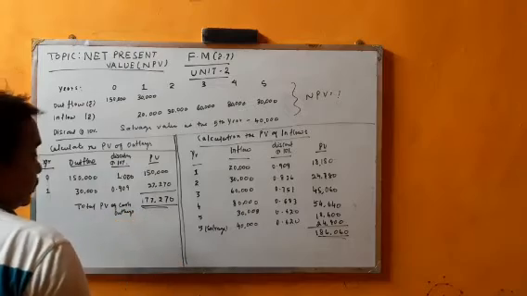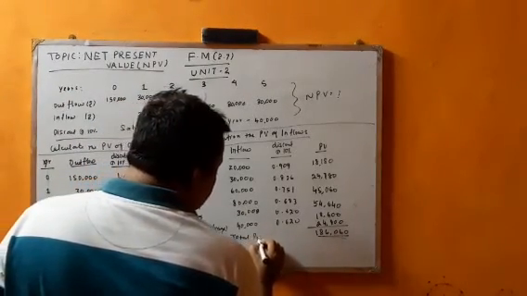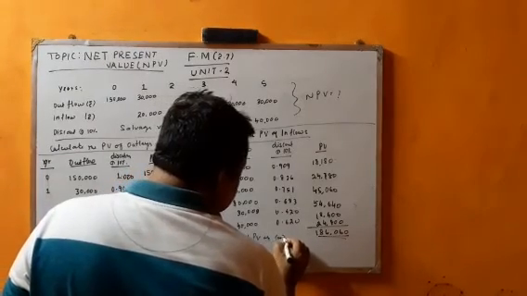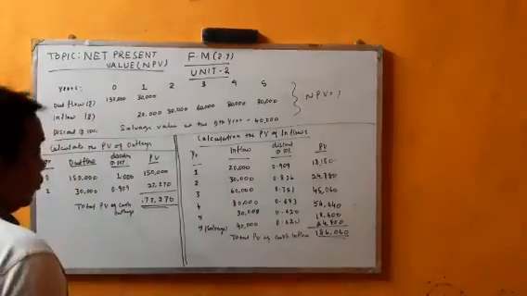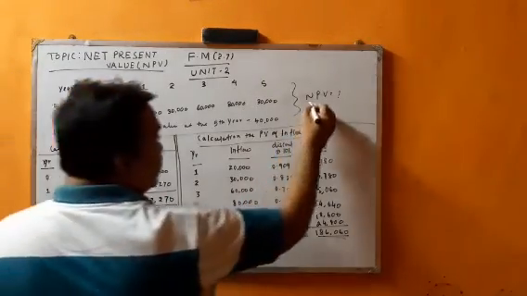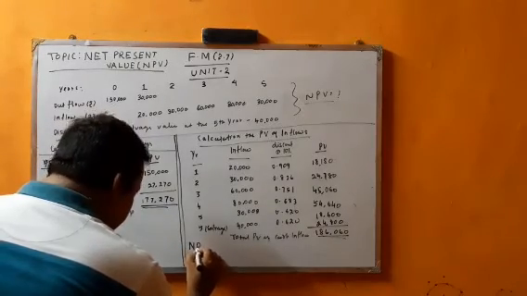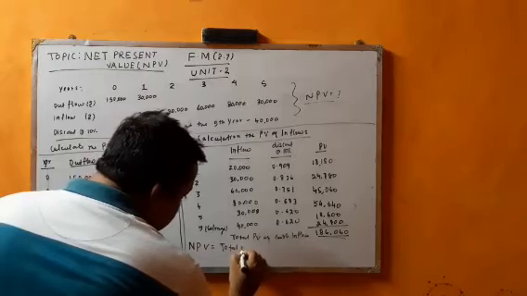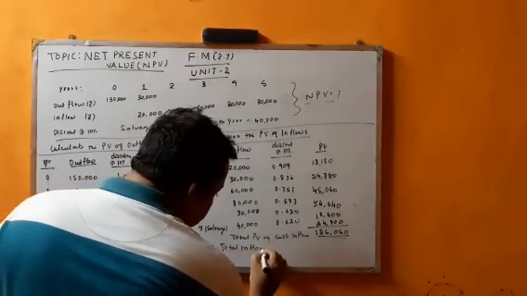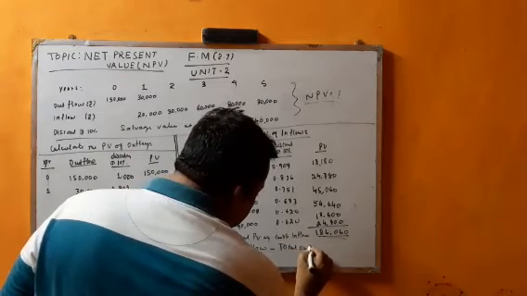If you determine the NPV, net present value, it is equal to total inflow minus total outflow.